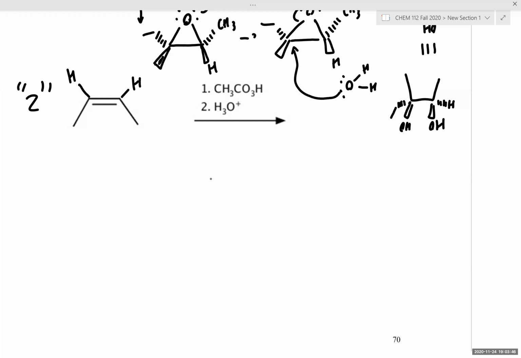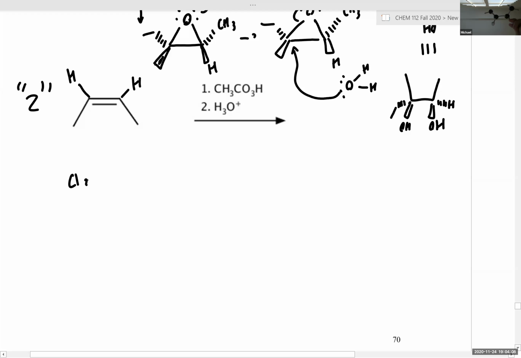So let's look at this example together and let's try to predict the stereochemical outcome of this reaction, and let's draw out our product. Okay, so let's start first and foremost with a model. So here is our alkene. So when we have our peroxy acid, the peroxy acid will react with our alkene.